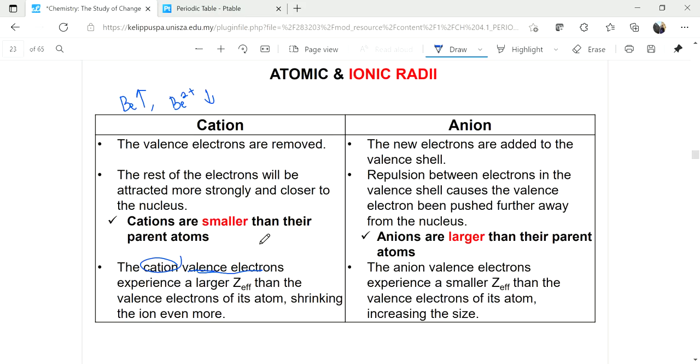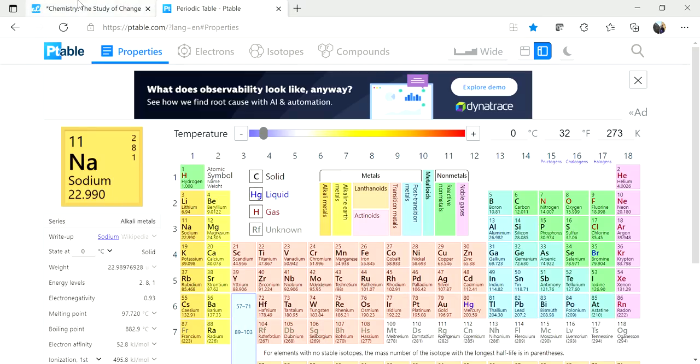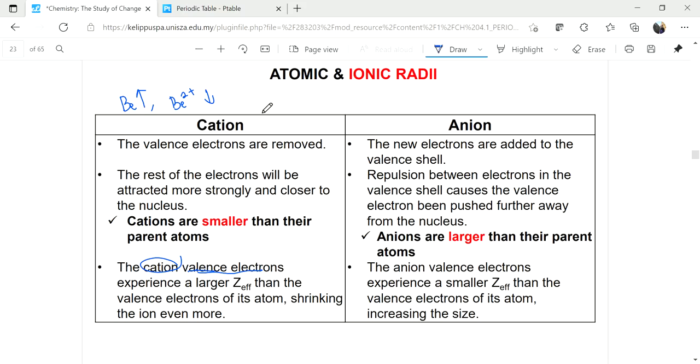Meaning, in beryllium we have 4 electrons, 1s2, 2s2. So this is the beryllium atom.